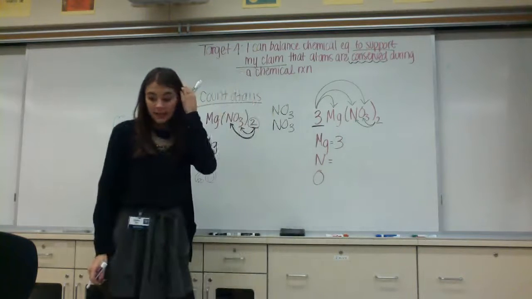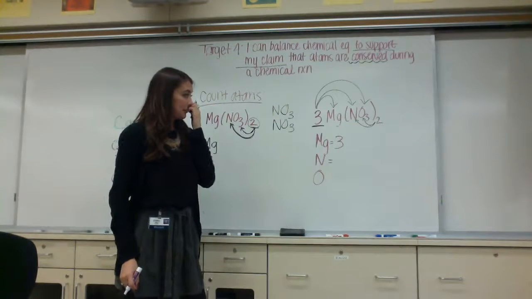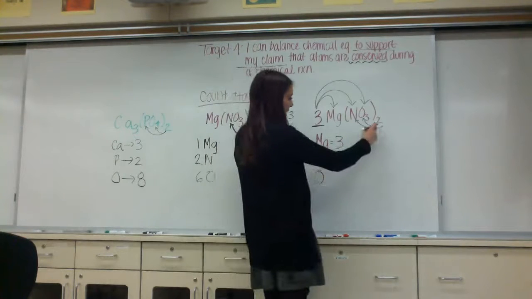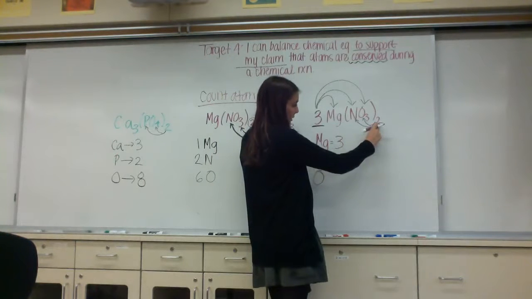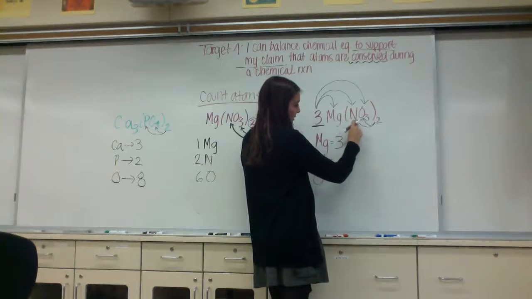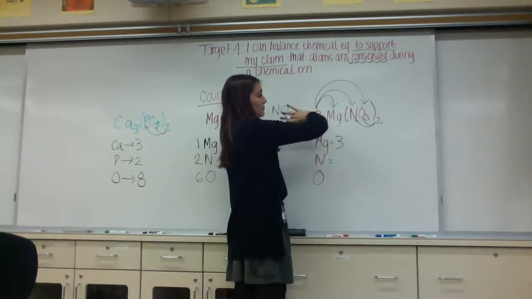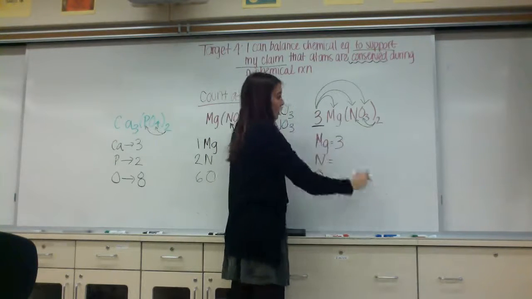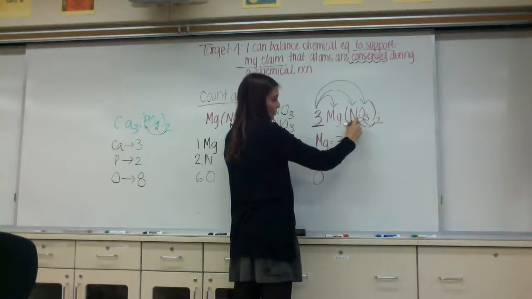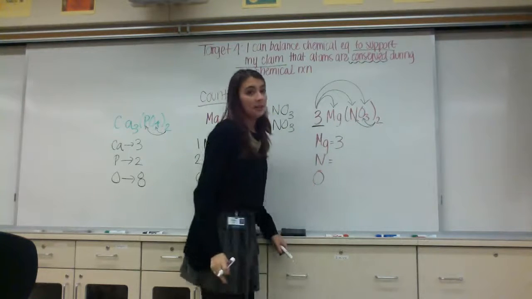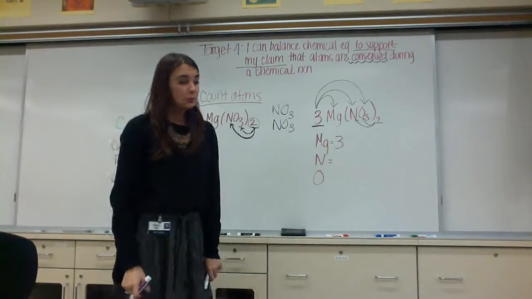Now, I've got nitrogen to worry about. This little guy comes in here, you always do the one, and he becomes 2 nitrogen. However, this 3 multiplies by everything. So imagine that this is N2 now, and you have to multiply that by 3. 3 times 2, 6.